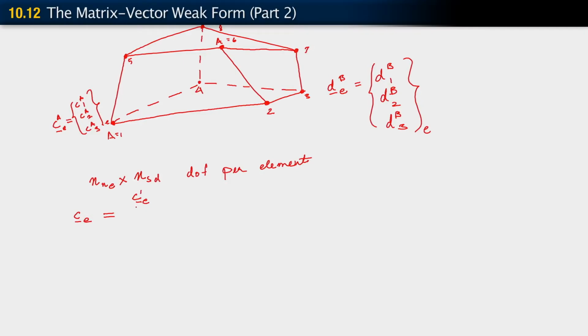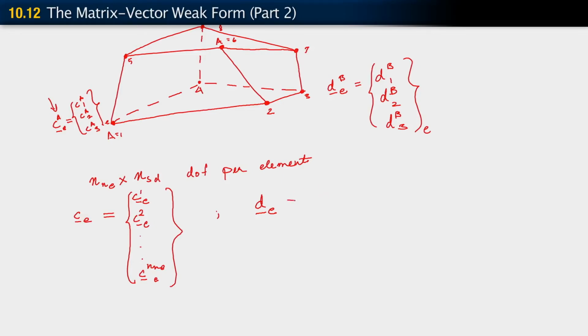It is this vector for A equals 1, and so on: C_2E up to C for the number of nodes in the element E. Likewise D_E is just the D vector, the collection of all the degrees of freedom that are used to interpolate our trial solution, our displacement field over the element.